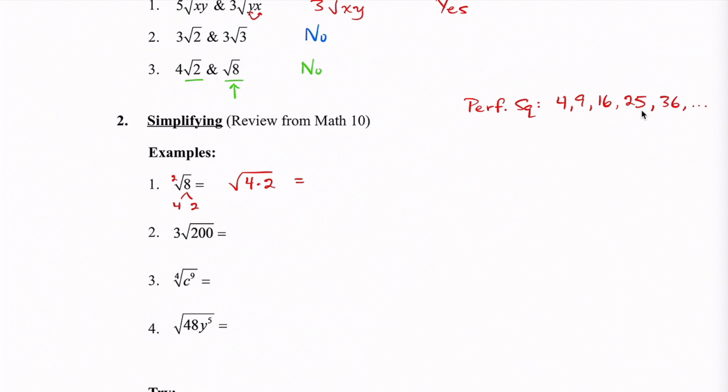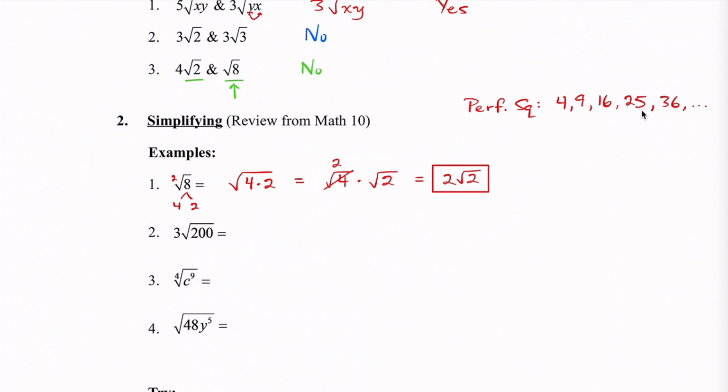Then with radical rules, we can break apart the radical so that it is root 4 times root 2. And then the square root of 4 is just equal to 2. So really what I have here is 2, that's from this one, times square root 2. So I can write 2 times square root 2, and you don't have to put the multiplication sign in between. You can just put 2 square root 2.